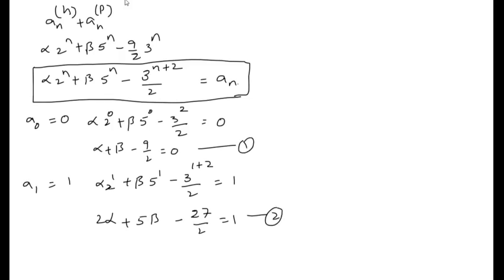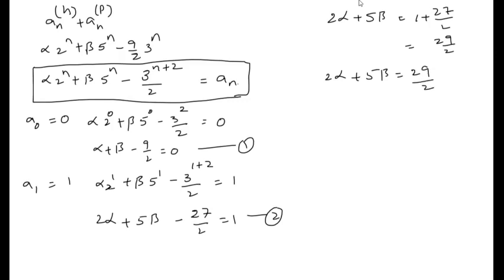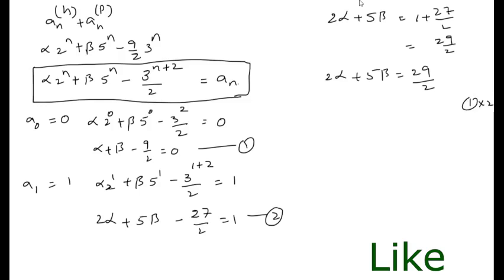By using these two equations we can calculate alpha and beta. So 2 alpha plus 5 beta is equal to 1 plus 27 divided by 2. So this is 29 by 2, and so the equation is 2 alpha plus 5 beta is equal to 29 divided by 2. We are multiplying equation 1 with 2 on both sides. So we are going to get 2 alpha plus 2 beta is equal to 9, since 2 into 9 by 2, the 2 cancels.